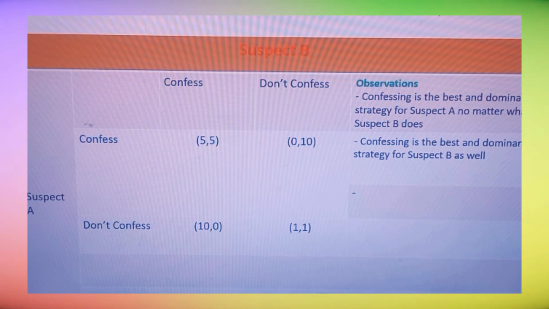Since they are not allowed to cooperate, irrespective of what the other does, the best strategy for suspect A is to confess, and for suspect B also. Whether the other confesses or doesn't, the best strategy is to confess. So the dominant strategy for both suspect A and suspect B is to confess.